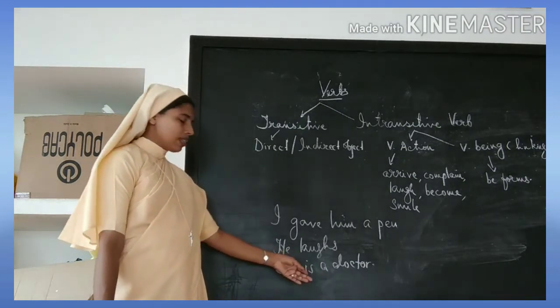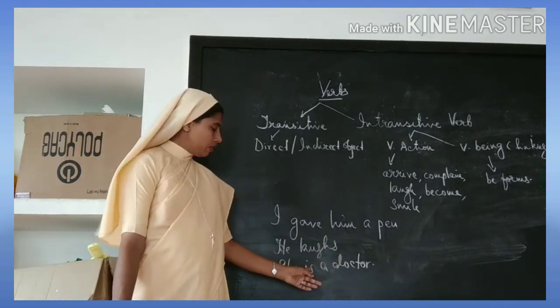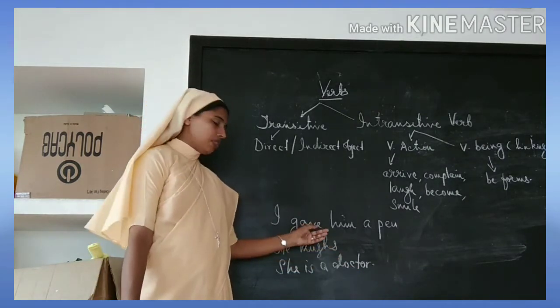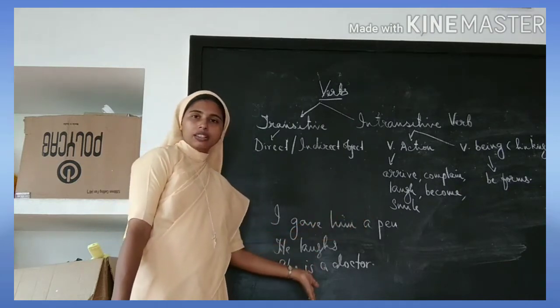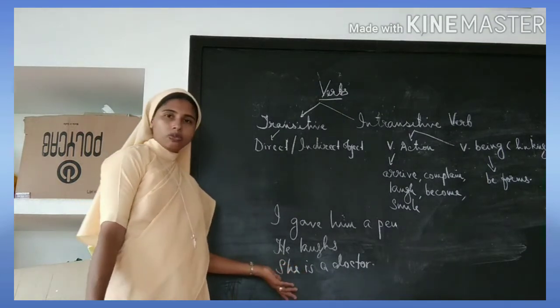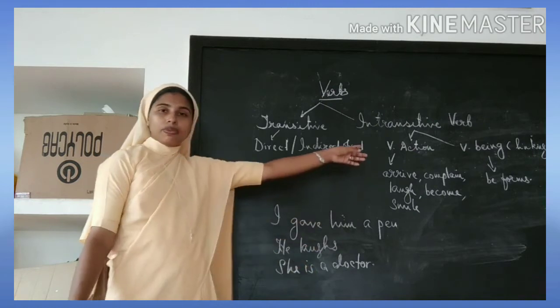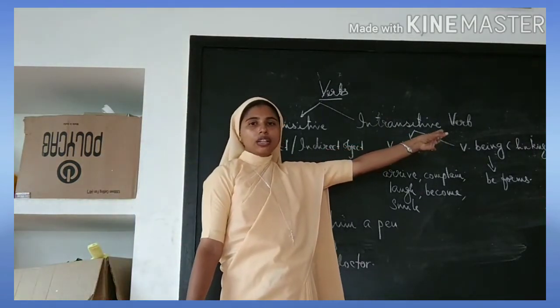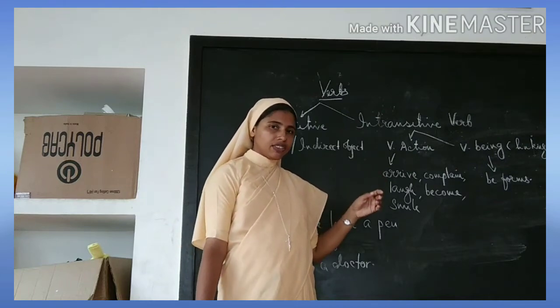So this is an intransitive verb because it doesn't progress from verb to object, like the first sentence: I gave him. There is a receiver, but here there is no receiver of the action. There is no object. And these verbs of being are called linking verbs. Why are they called linking verbs?